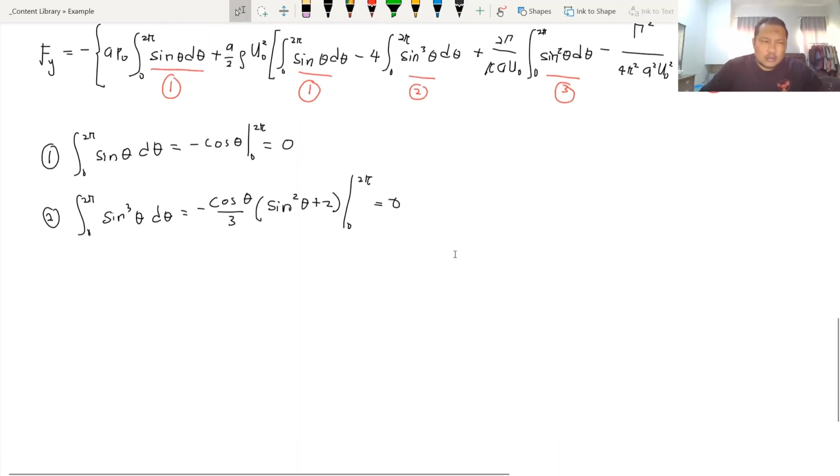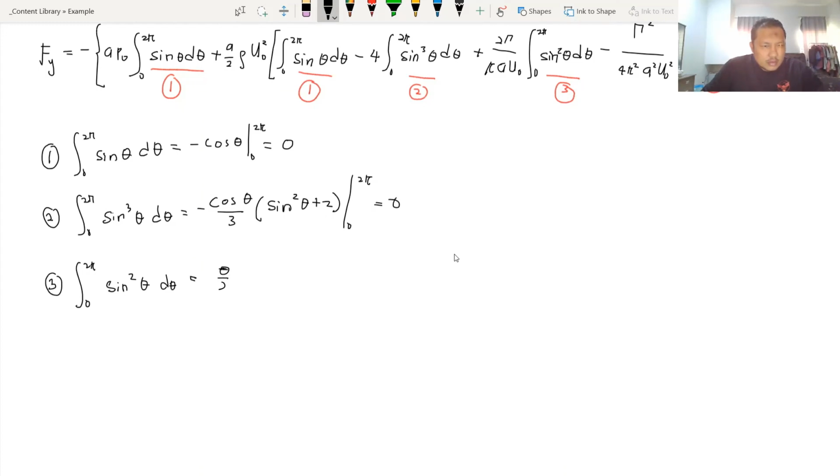Okay. Right. So now we solve for number 3. So this is integration from 0 to 2 pi for sine squared theta d theta. So what we got is theta over 2 minus sine 2 theta divided by 4.